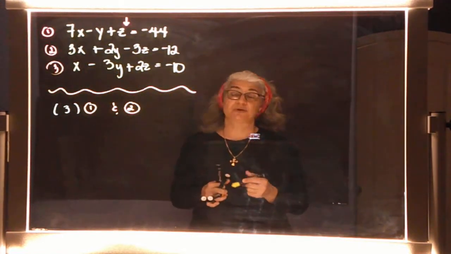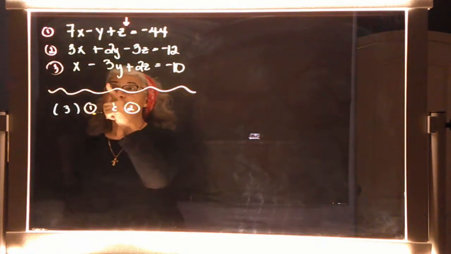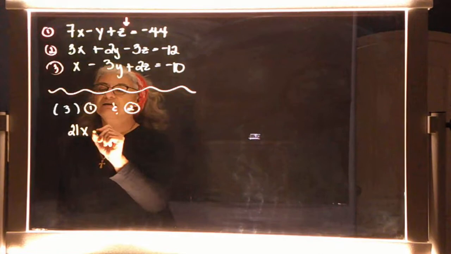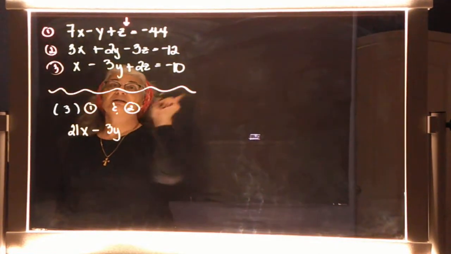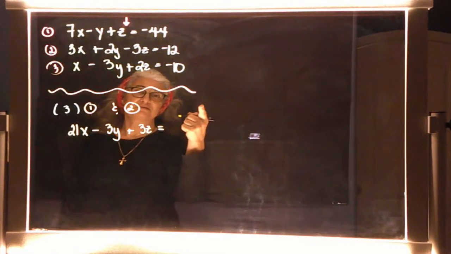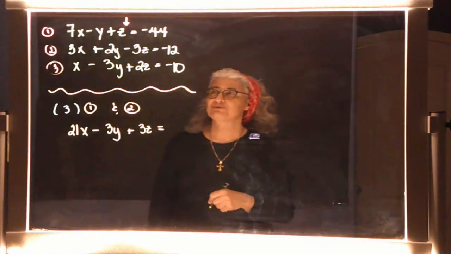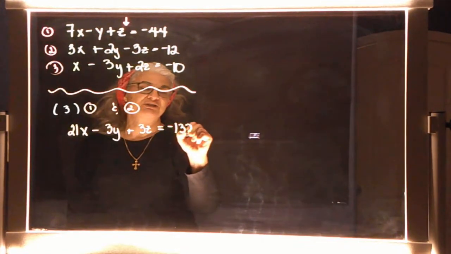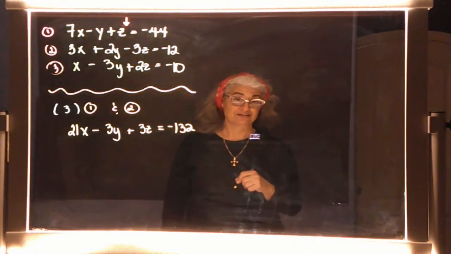So let's see what equation 1 looks like. So that would be, good, 21x minus 3y plus 3z equals, oh, stay off the calculators. What'd you get? 3 times 144. Yeah, negative 132, right? Agreed?